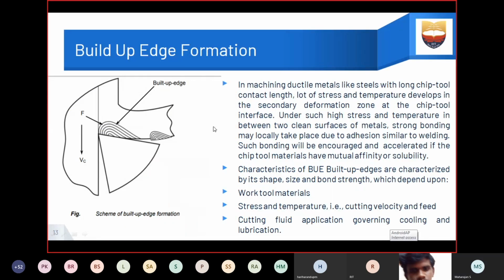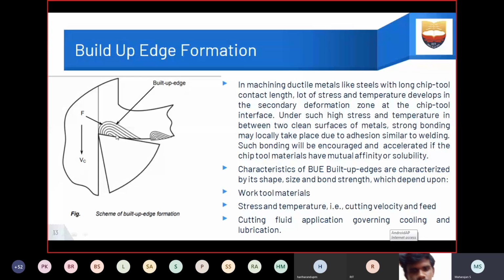So due to the chip formation, there is a build-up edge formed in that area. The build-up edge creates problems in the tool and workpiece material. What happens? The build-up edge which is formed completely adheres onto the rack surface of the material. If it completely adheres, what happens? Wear will take place.